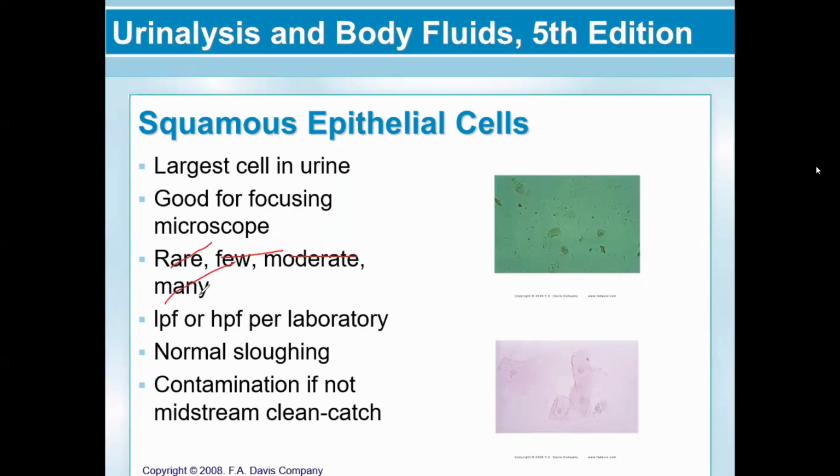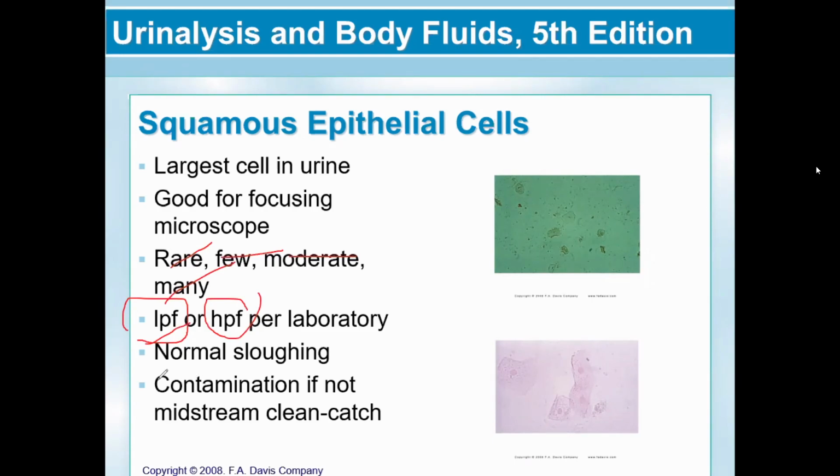Okay? So, i-check mo sa SOP ng lab mo, ano yung rare? Ilan yung count? Anong average yung few? Yung moderate o yung many? Okay? So, guys, depending on the lab, pwedeng ang reporting nila is per low power field or per high power field. But in most labs, it's usually per low power field kasi malalaki po ito. Okay?